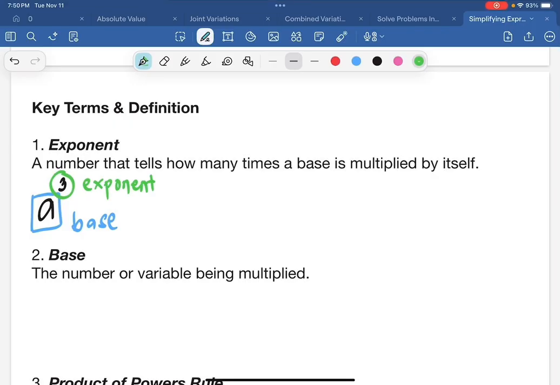Same thing with what is defined here. The base could be a number, not just a variable. So if we are to write 5 squared, here we have 5 as our base, and 2 is our exponent.